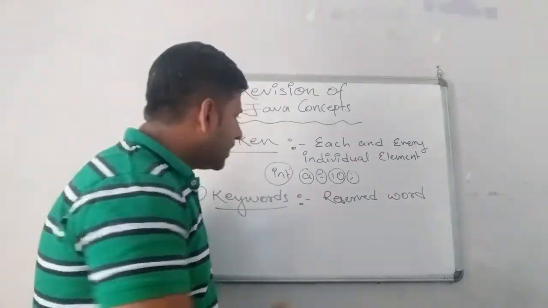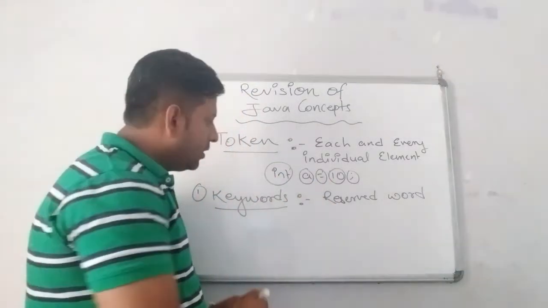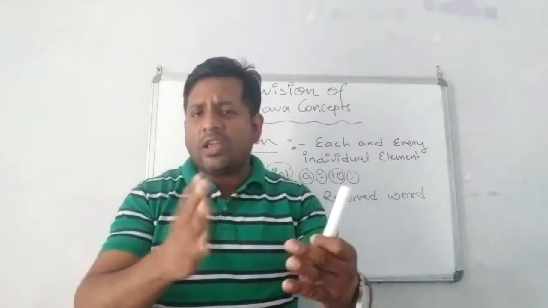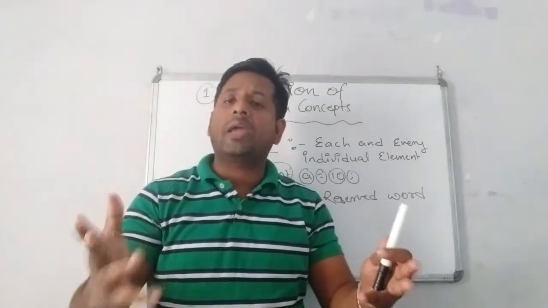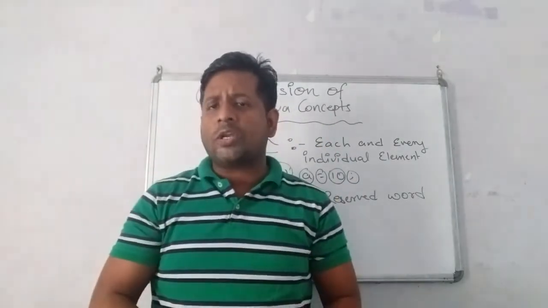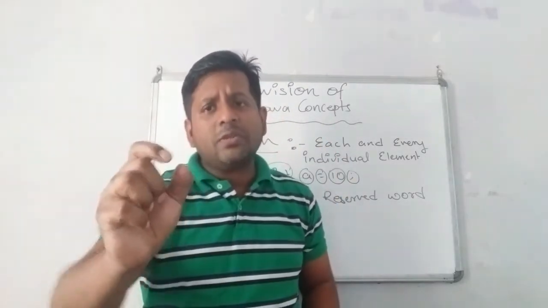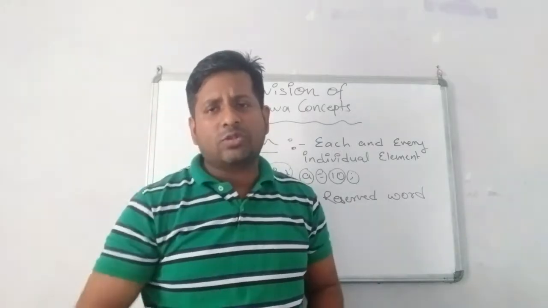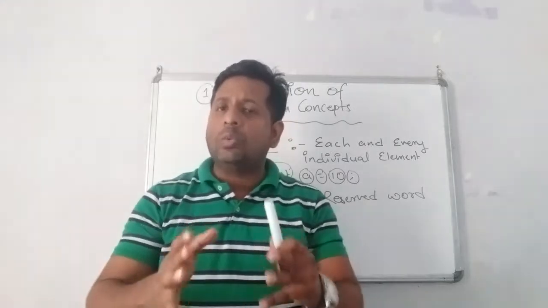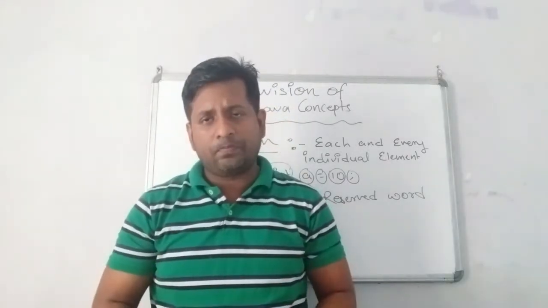Suppose I take int. If you search in the dictionary for the meaning of int, you won't get it. But according to the Java language and object-oriented programming concept, int means integer, the numeric values without decimal. That is called reserved keywords or reserved words.